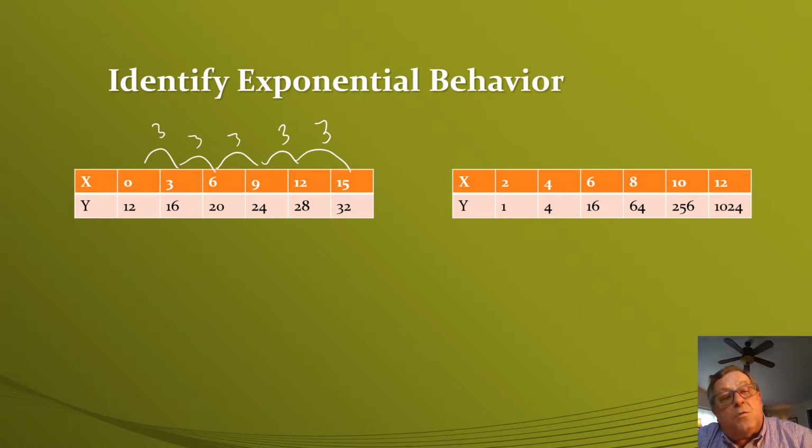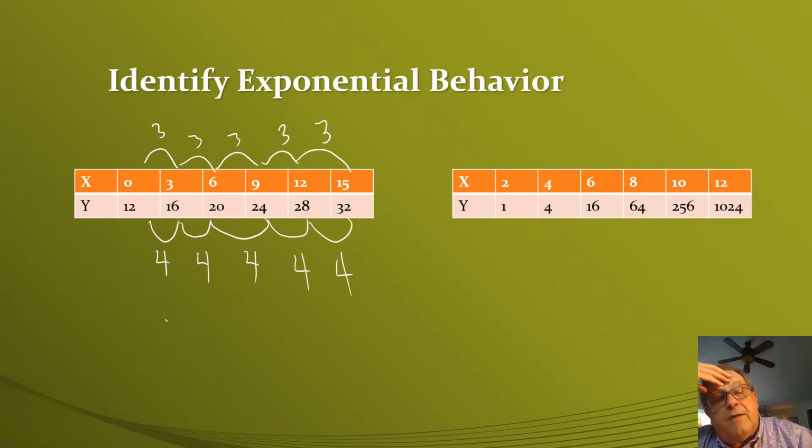And then for our change in y, 12 to 16 is 4. And 16 to 20 is 4. And 20 to 24 is 4. And 24 to 28 is 4. And 28 to 32 is also 4.